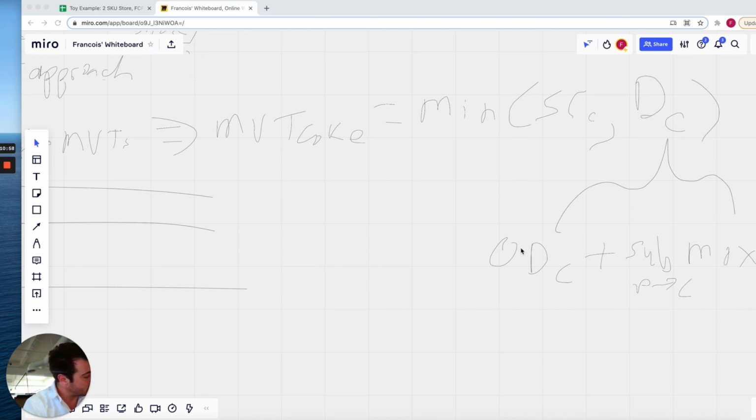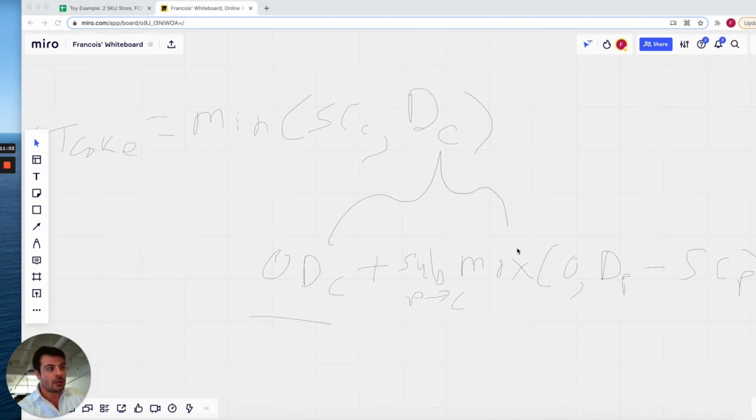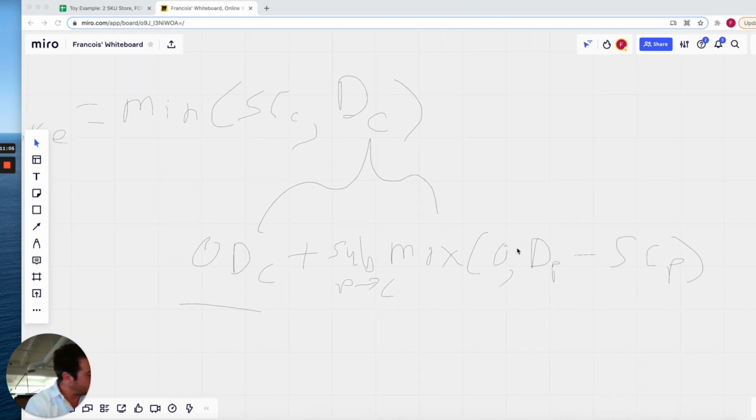And so that's the original demand for Coke plus the substitution rate to go from Pepsi to Coke times the max of 0 and demand for Pepsi minus shelf capacity of Pepsi. And so if shelf capacity is 0, there's demand of 100, and out of the 100 customers that walk in and they want Pepsi, let's say 20% will sub out to Coke, and so I get 20 more sales of Coke plus the original demand for Coke there.